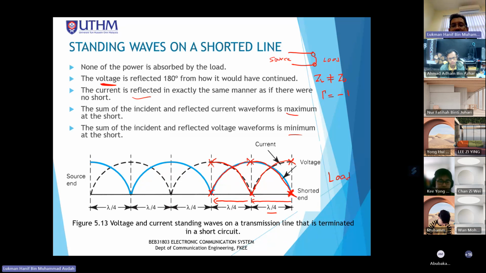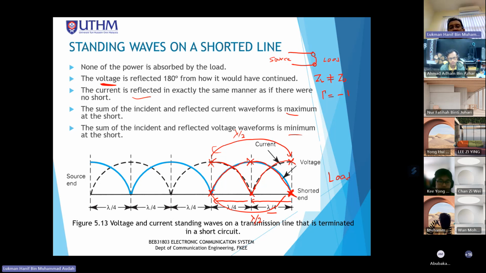Between antinodes the distance is lambda over 2, and the distance between nodes is also lambda over 2. So this is the standing wave.